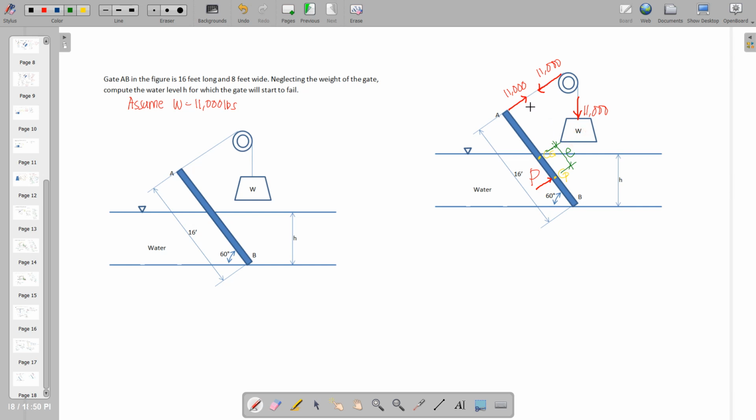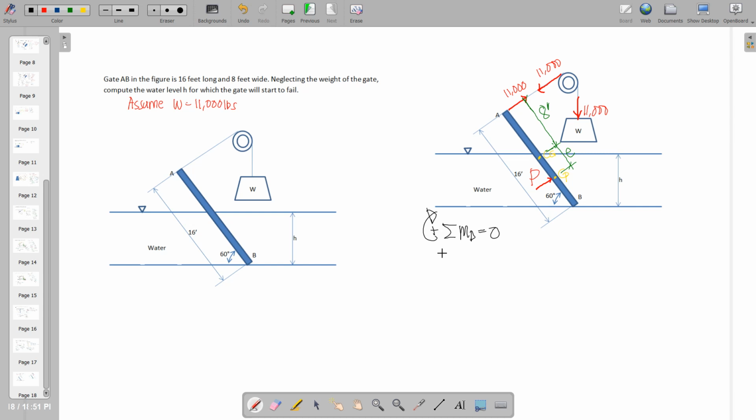Having this to be E and this dimension to be half of your 16, we can now take moments at B. Again, this involves the force 11,000 in your equation, since that will be the criteria that will depend on the value of H. So summation of moments at B is equal to 0.